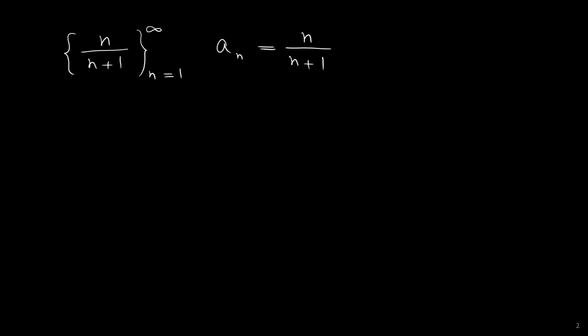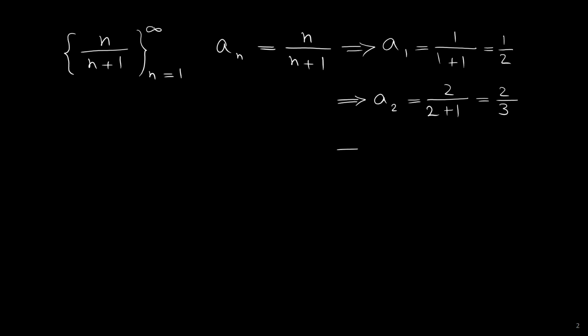And we know that with the general term or nth term, we can find all the terms of a sequence. For example, the first element of this sequence, a sub 1, is 1 over 1 plus 1, which is 1 over 2. The second term is 2 over 2 plus 1, which is 2 over 3.